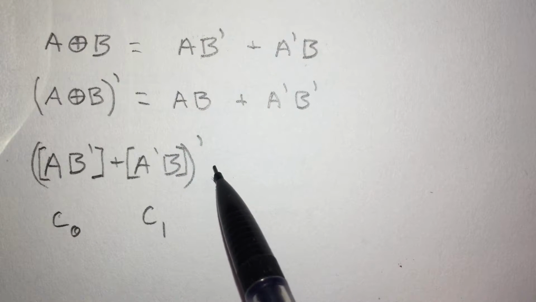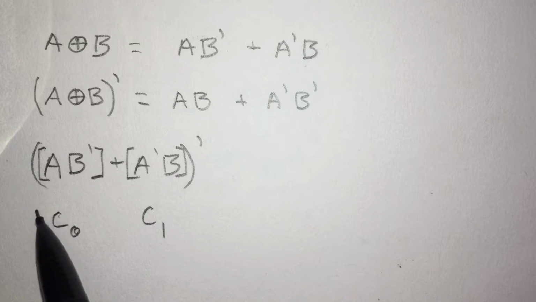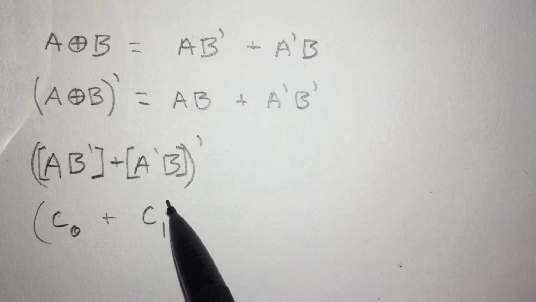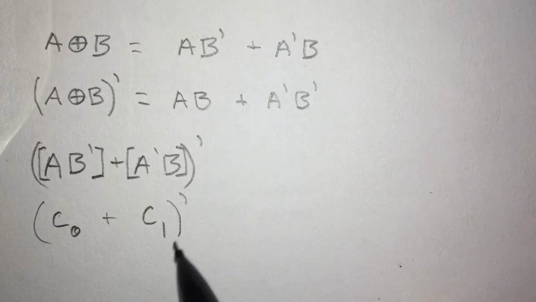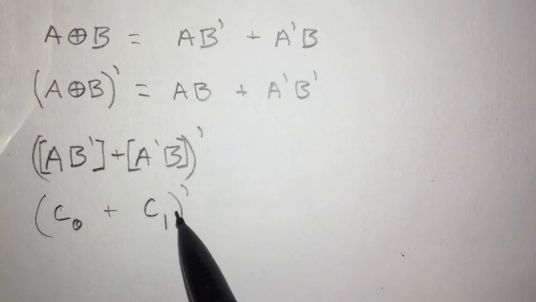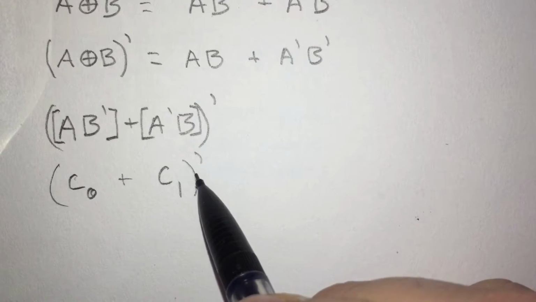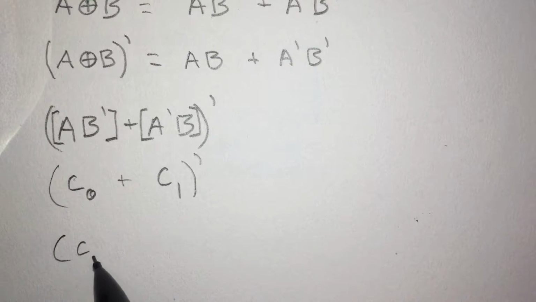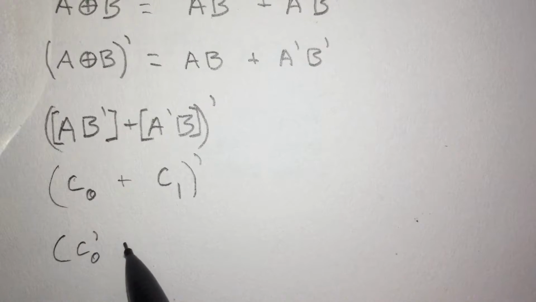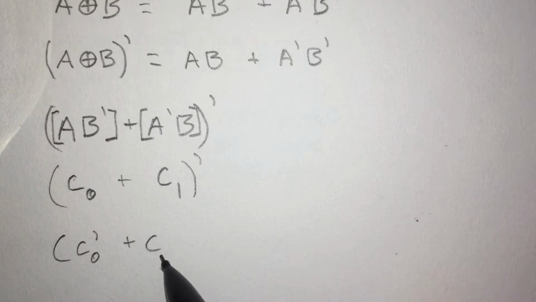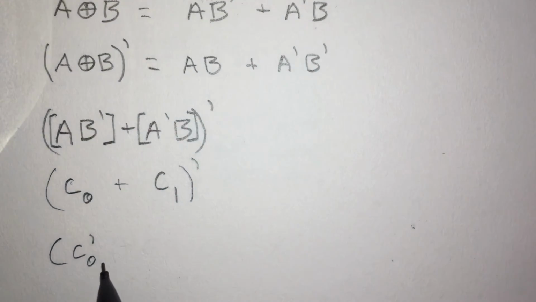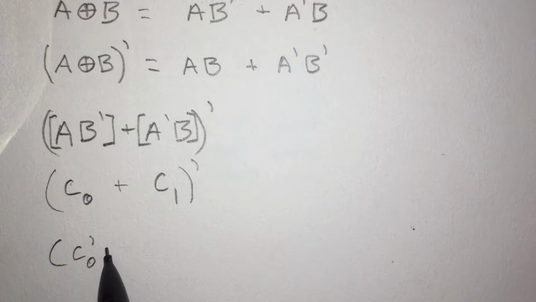Now, the reason I want to do that is because now we can say that when we go to reduce this by DeMorgan's theorem, we have C0 not and C1 not.